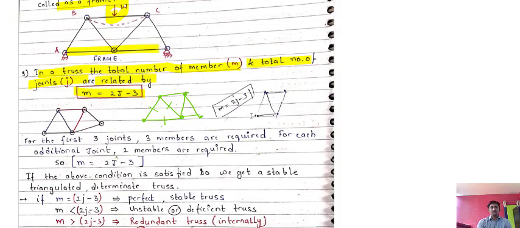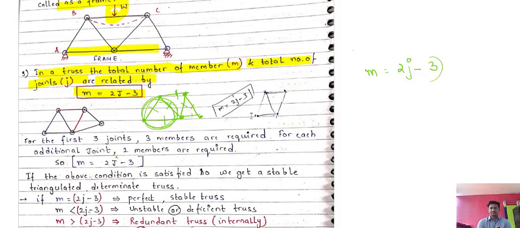These are the initial case. So how many members are required? 2 times the joint, 2 times the joint. If I am adding 2 joints, that means 2 times 2, that is 4: 1, 2, 3, 4.